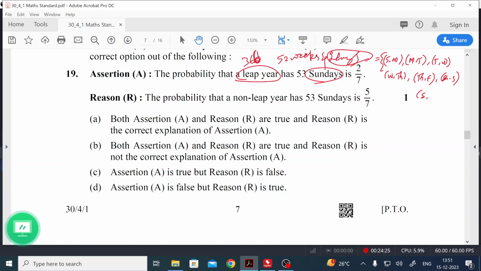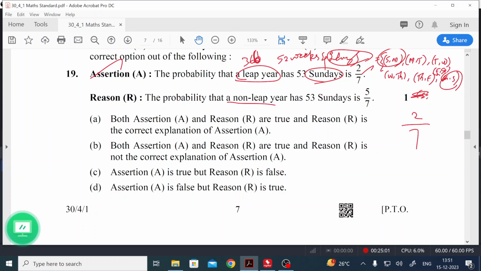Totally how many are there? 1, 2, 3, 4, 5, 6, 7. Out of 7, in how many places are Sundays? There 1 and the last one, 2. So 2 by 7 is given. Then the assertion is correct. Suppose if it is a non-leap year, what answer will you be getting here? 1 by 7. Very good, very good. Right.